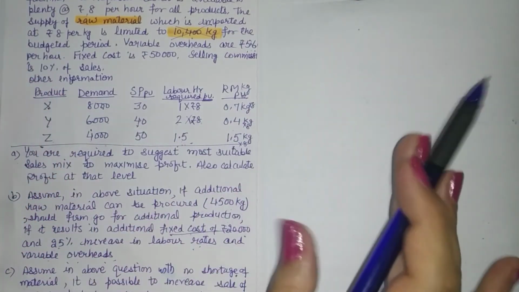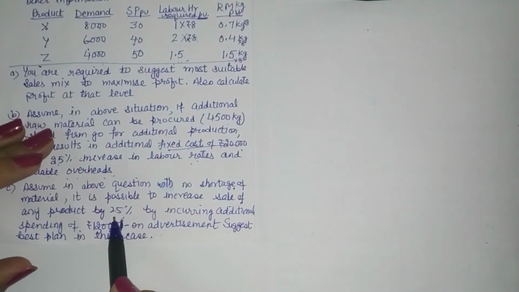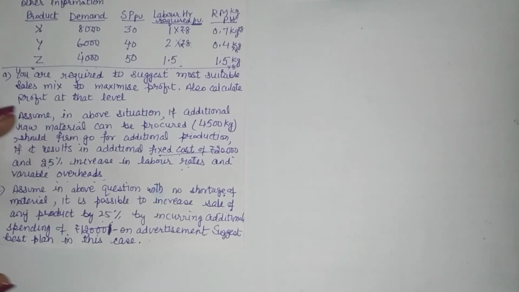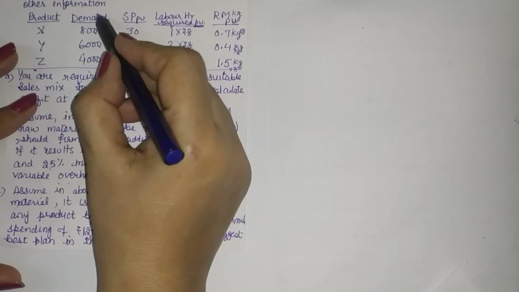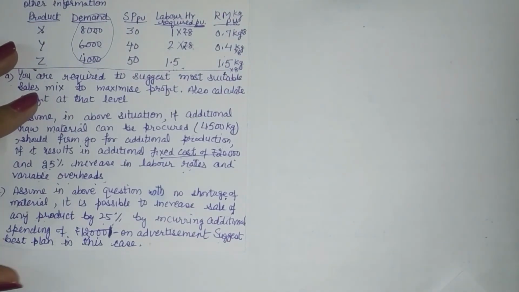Now it is possible to increase sale of any product by 25% by increasing additional spending of 12,000 on advertisement. So what it says is that you can go for additional sale. In fact, you can now improve on this demand by 25%, but not all, any product.